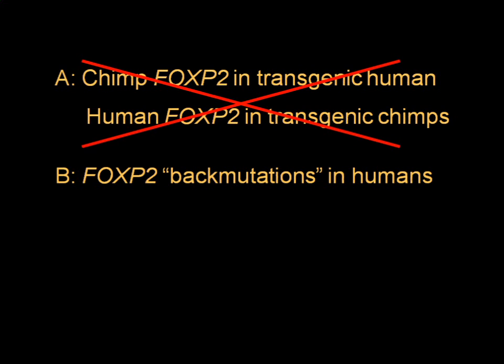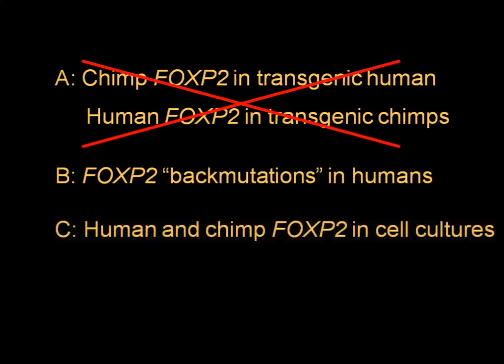But if we can genotype or sequence millions and millions of people for hardly any cost, I think it will become ethically possible in the future to identify individuals with this type of back mutations. In essence, that's already done. You screen these FOXP2 mutations in families with speech problems today. You can also study this in cell culture, human and chimp versions.